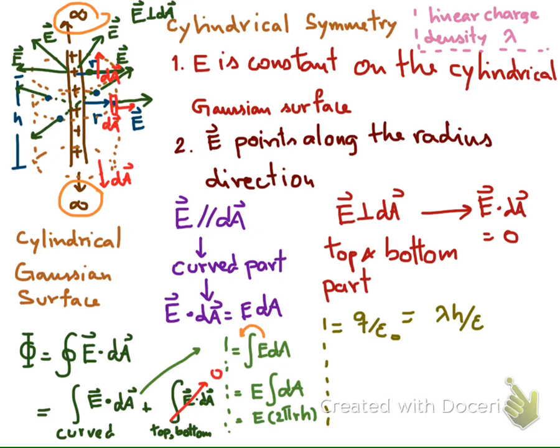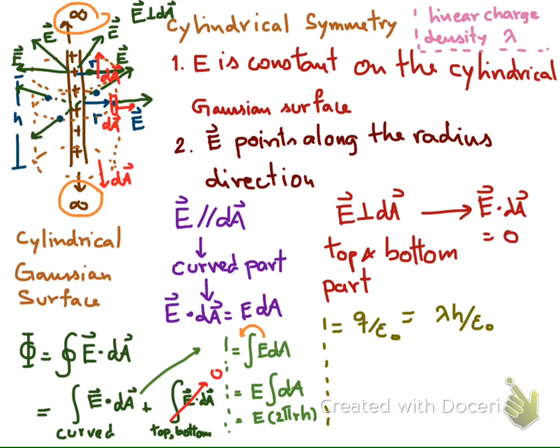This Q is equal to lambda h because when we use Gauss's law, we consider only the charge inside the Gaussian surface, and the charge inside the Gaussian surface is the part of the line charge with length h, right? So the charge in the Gaussian surface is lambda h, where lambda is the linear charge density.